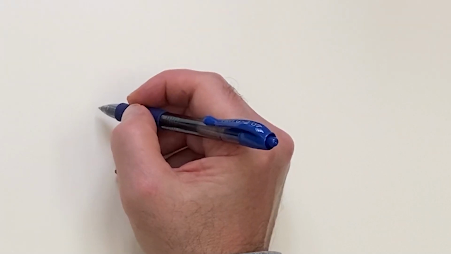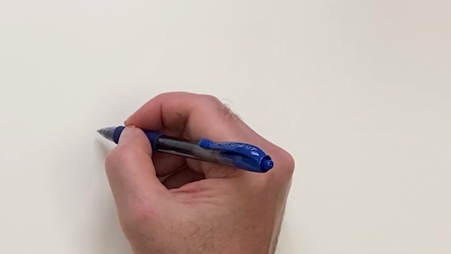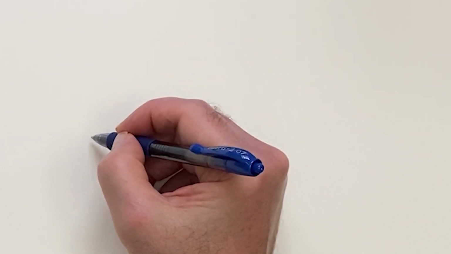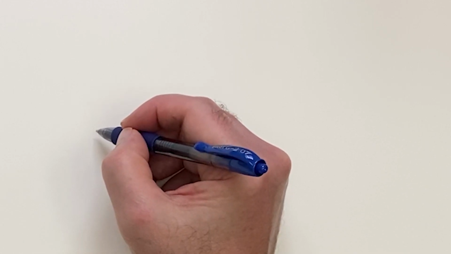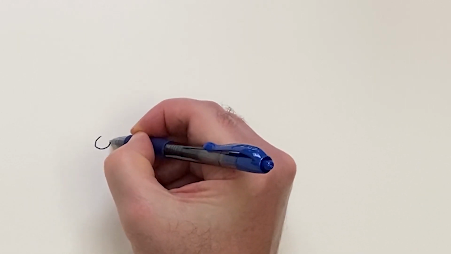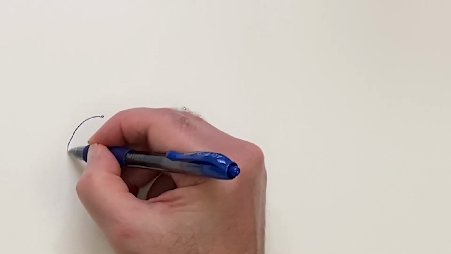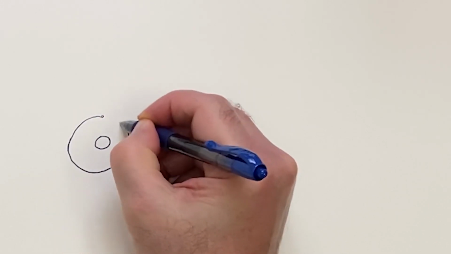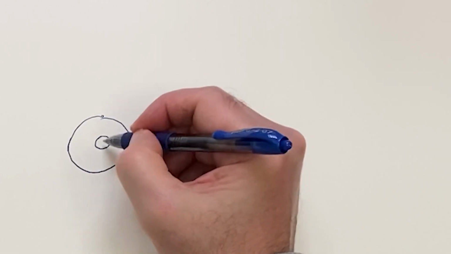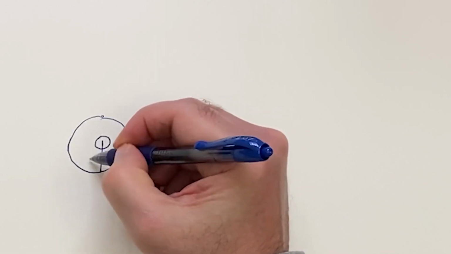Let me show you the power of Kepler's law to estimate how long it would take to send a spacecraft to Jupiter. Say we have the sun here, and we have the Earth going around the sun, and this is 1 AU.